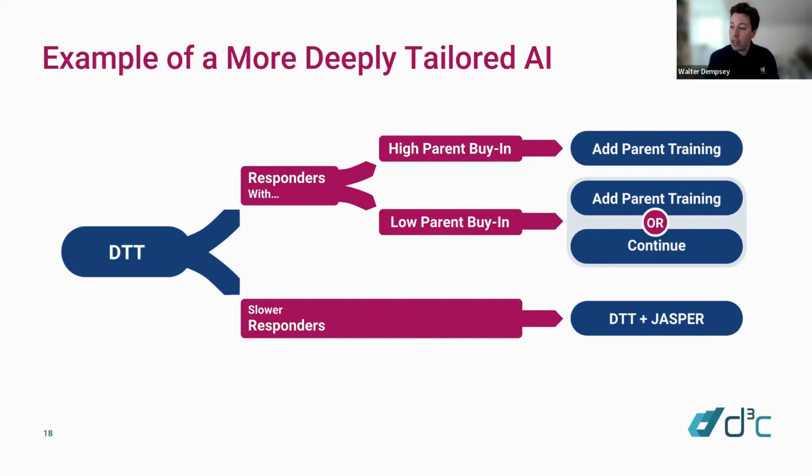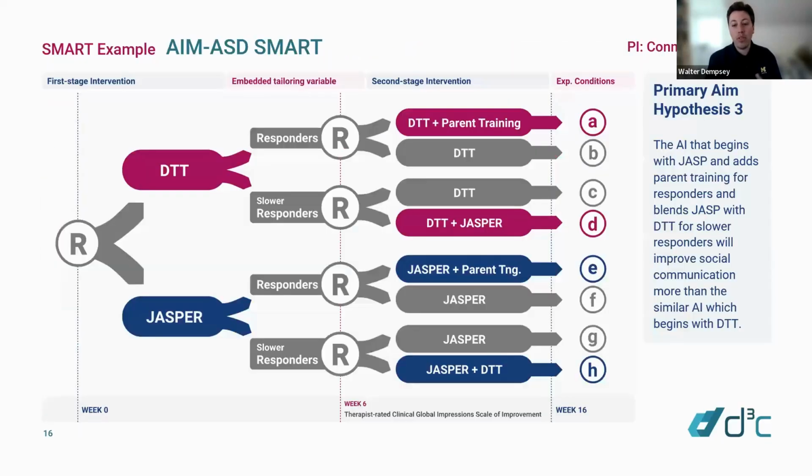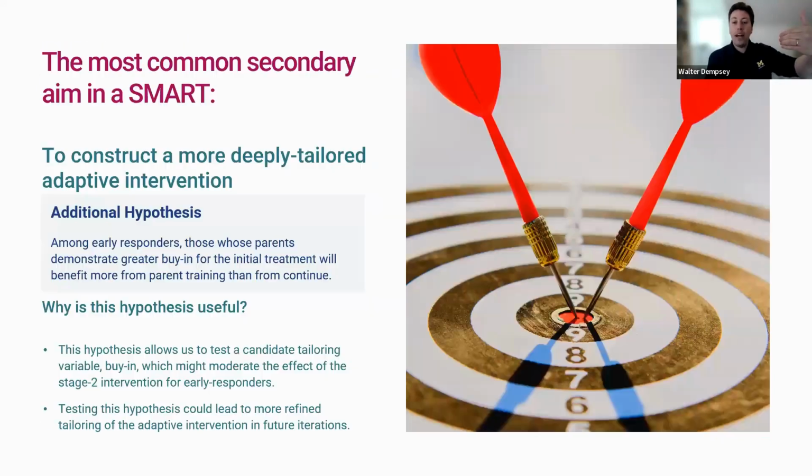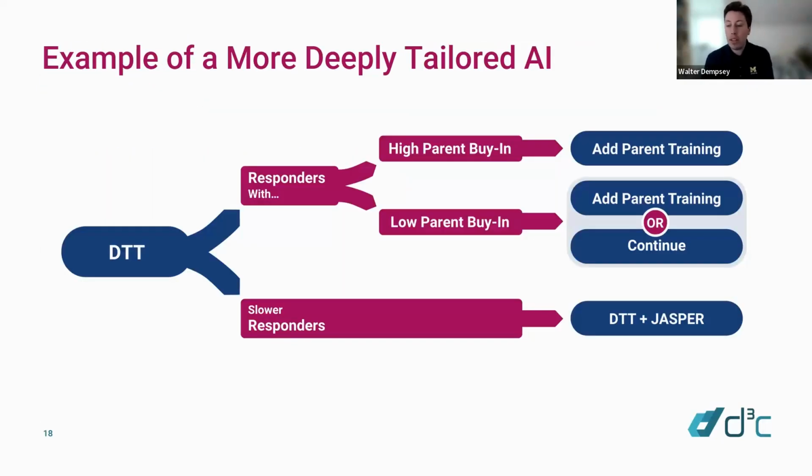You have these AIs in mind, you have these questions in mind about building an AI, and it's allowing you to ask sequences of questions, hypothesis 1 through 3, and then building on top of that more deeply tailored AIs. So you can continue to do this. Now, of course, you have a SMART of size 100 patients.